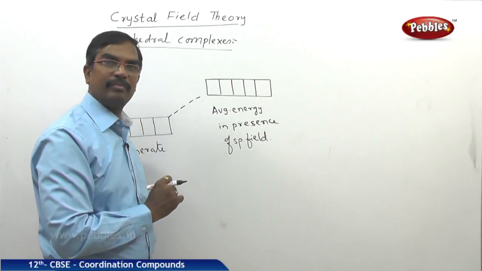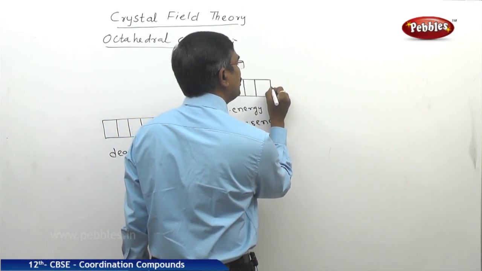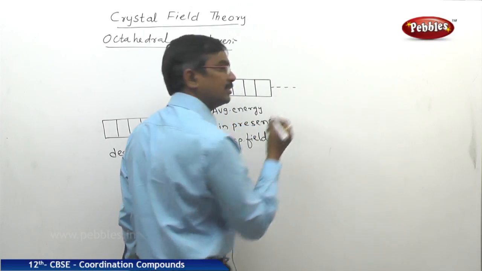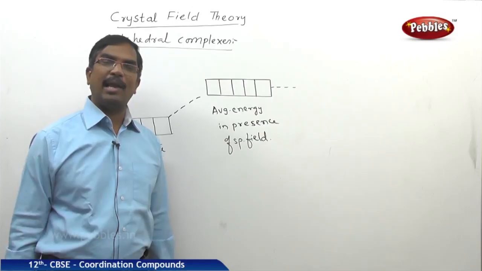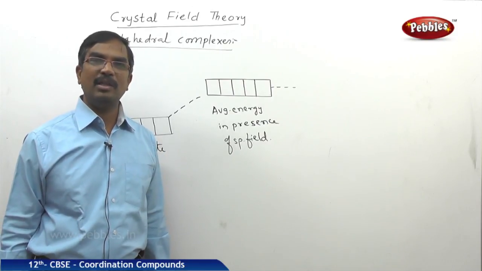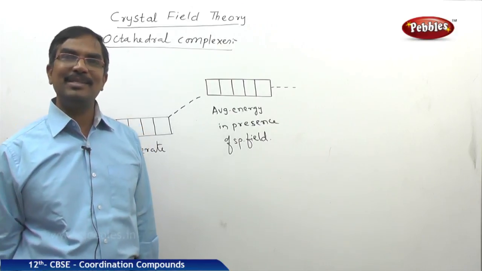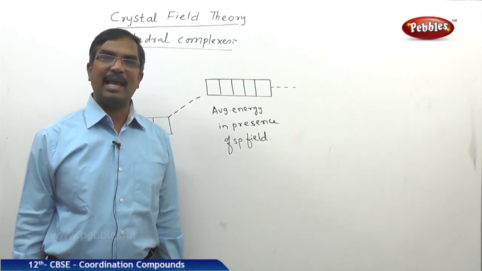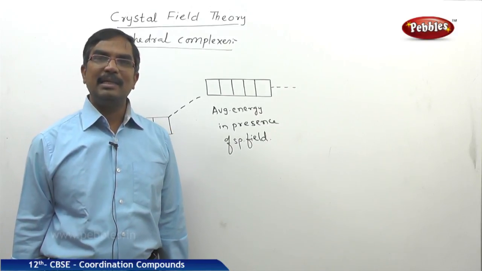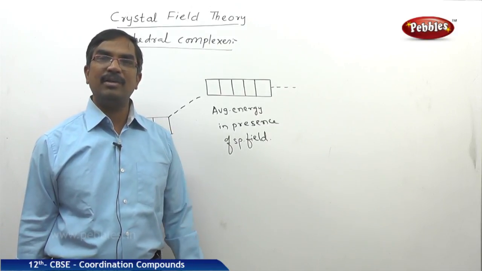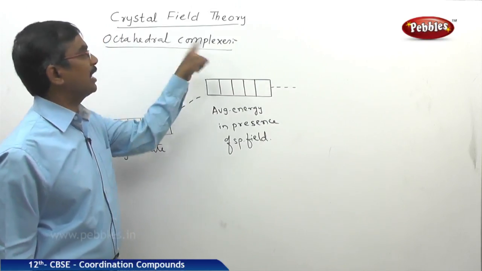At the same time, the energy will further increase wherever we have the approach of the ligands along the axis, because there is more interaction of the axial orbitals. So what are the axial orbitals? dx square minus y square and dz square. The energy of those 2 orbitals will increase in the case of the octahedral complexes.